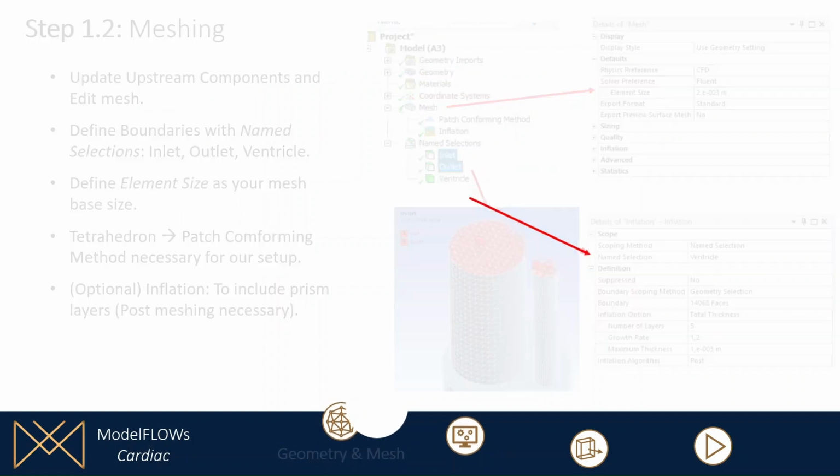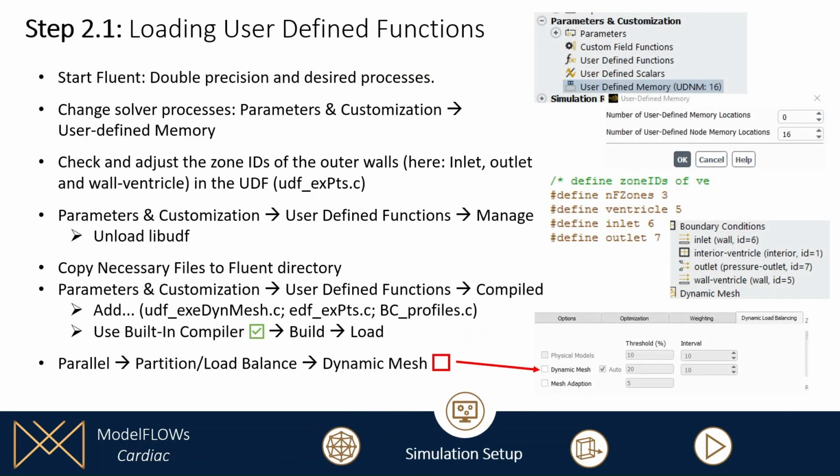Once we have finished the geometry and meshing, we can start Fluent with double precision and the processes that we want to select. The first thing to do is to check that the user-defined memory nodes match the processes that we have selected, since if not, when we execute some commands of the user-defined functions, Fluent will crash.